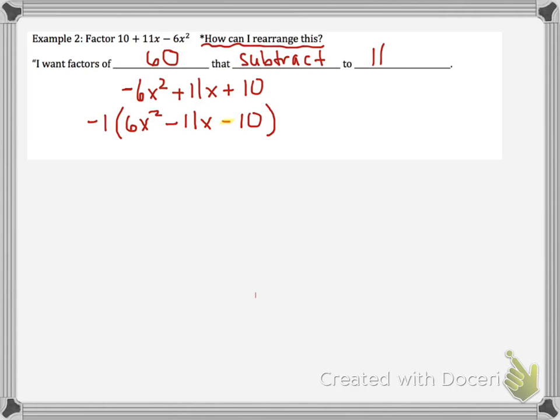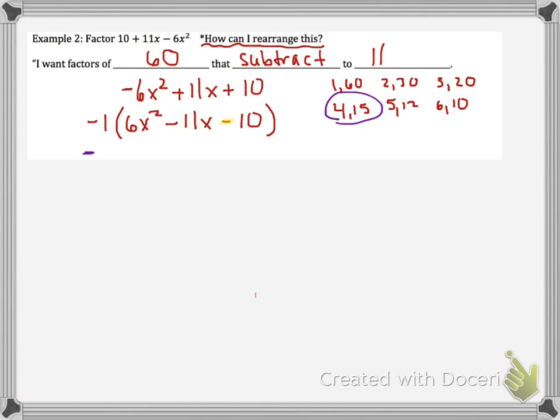So you're going to think about your factors of 60 that would subtract to 11. So listing out some factors of 60 there, you want to look at those. Which pair will give you a difference of 11? Well, that is the 4 and 15, so that's what we're going to use.